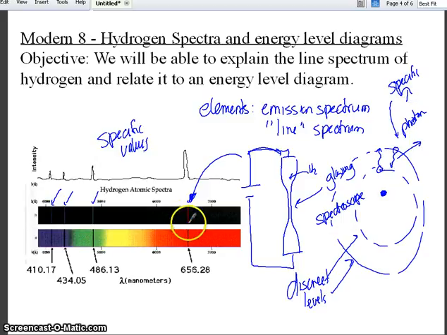And so these lines correspond to those wavelengths. So if we know these lines, we can figure out the energies associated with different energy levels.